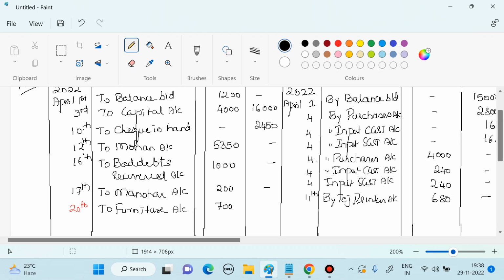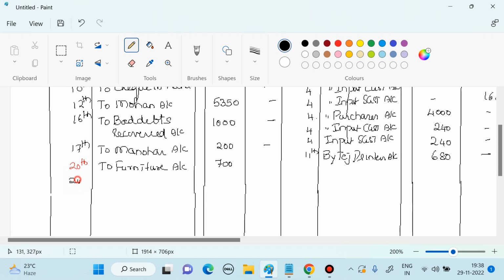In addition to that, on the same date, you are collecting from that particular person output CGST and output SGST, both at the rate of 6%. So what is 6% of 700? So the GST is 42 rupees each. Is that clear?